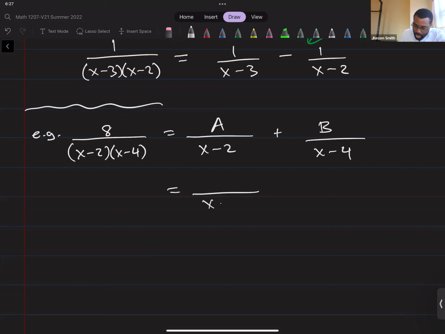Now, immediately I can just write this down. Here's what I'm going to do: cover up the x minus 2 and plug in 2. Now, if I cover up the x minus 2 and plug in 2 into what's left over, what do I get?